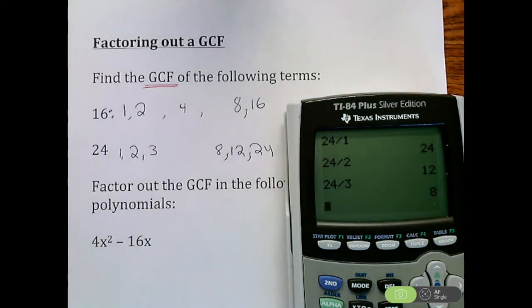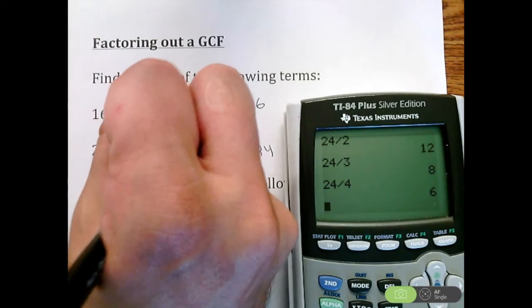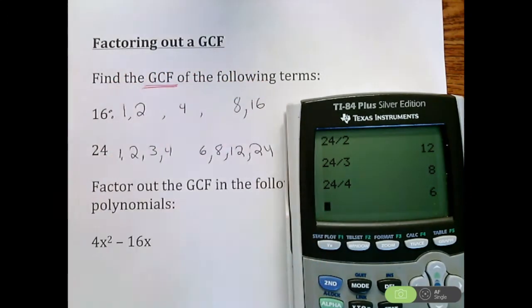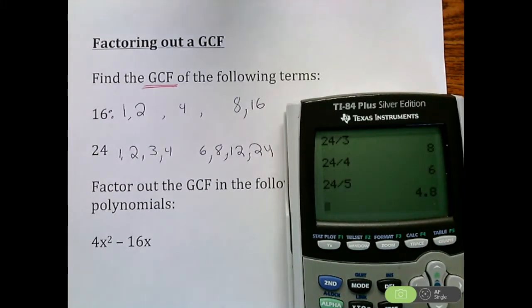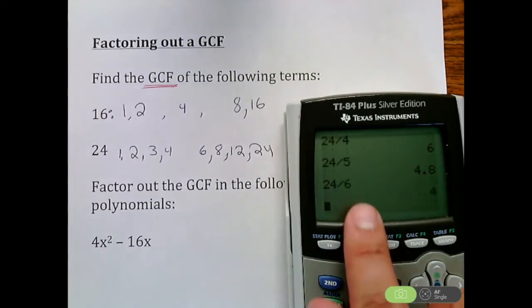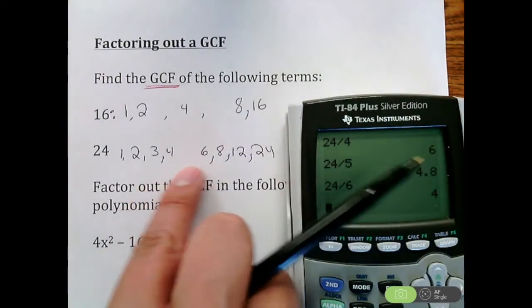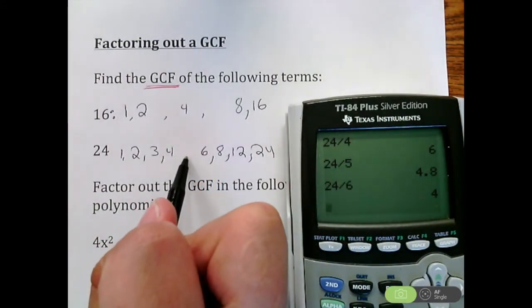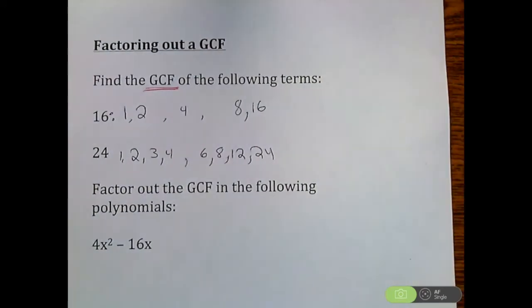I'm going to keep going. 24 divided by 4. And I know 4 times 6 gives me 24. So I'll keep going. 24 divided by 5. Get a decimal. And I would stop there because 24 divided by 6 and 4 I already have. So that's when I know, all right, time to stop there.